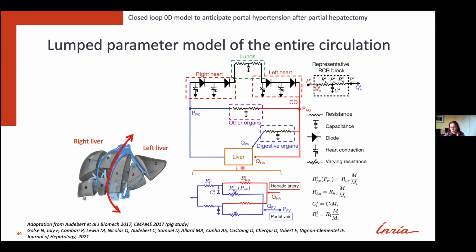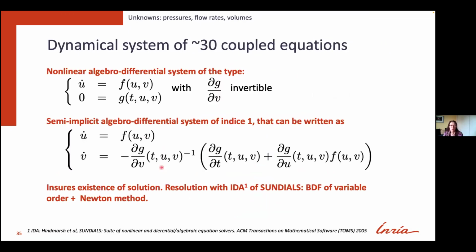We have this model, which is actually an ODE system with many parameters to fix, with a double perfusion part of the liver, one for the right side of the liver and one for the left side. In fact, it's a nonlinear differential-algebraic system, which you can rewrite as a semi-implicit differential-algebraic system.